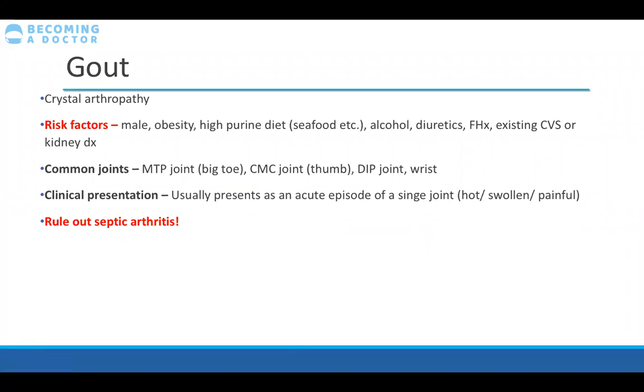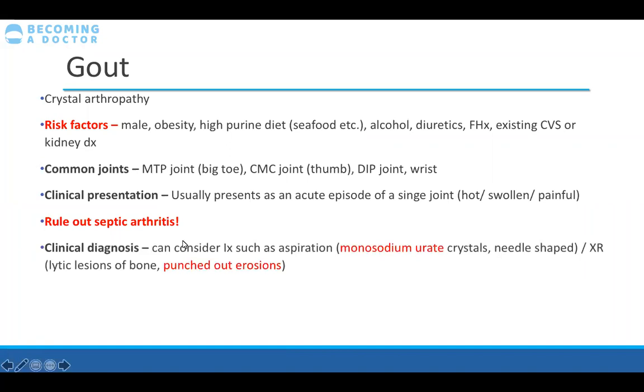If you're thinking about septic arthritis as a differential, you'd want to do an aspiration of the joint, see if there are any bacteria or any infection, and if there is, you want to treat that. For the clinical diagnosis, even for gout, you can consider aspiration, and that can show you monosodium urate crystals, needle-shaped. You can consider an X-ray that can show you lytic lesions of the bone or punched out erosions.